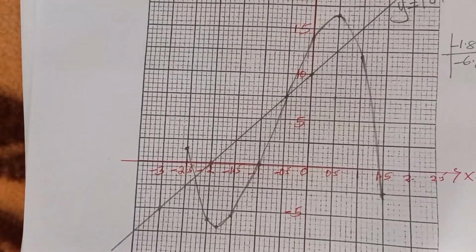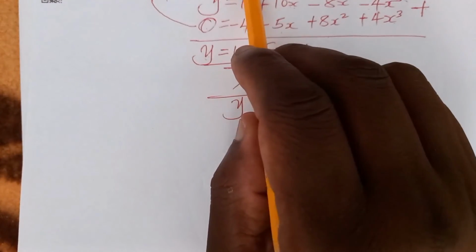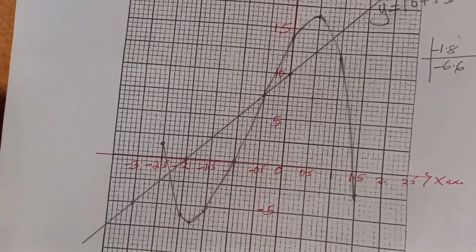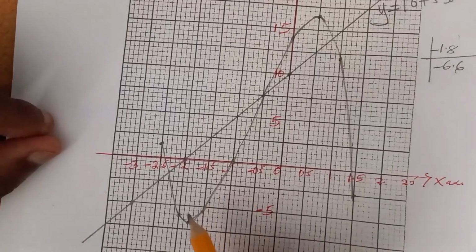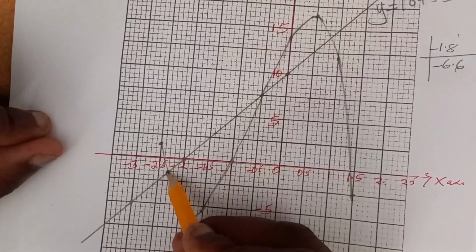How do you now get the solutions? How do you solve? Draw this straight line and solve the equation. We simply solve that by checking the points of intersection of that line and the curve. One of the points is here.